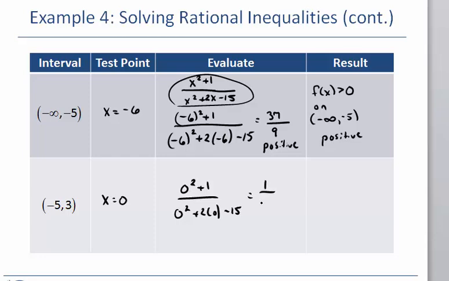On the top, that's going to give me a 1. On the bottom, it's going to give me a -15. And so our answer will be negative. So what we can conclude is that our function is going to be less than 0 for all x's on the interval from -5 to 3 because we got a negative number out.